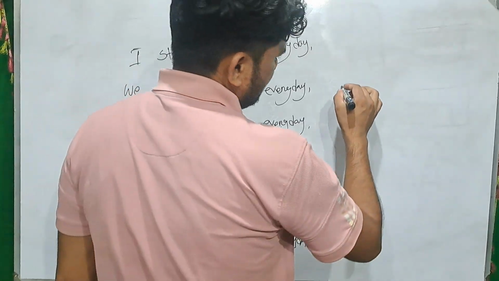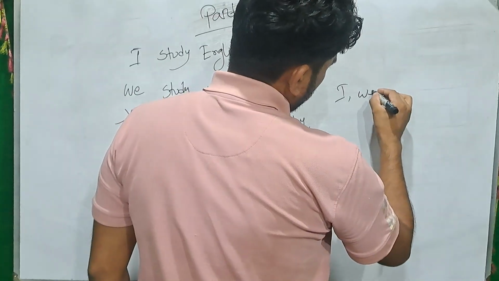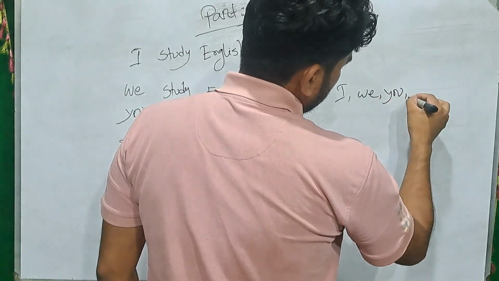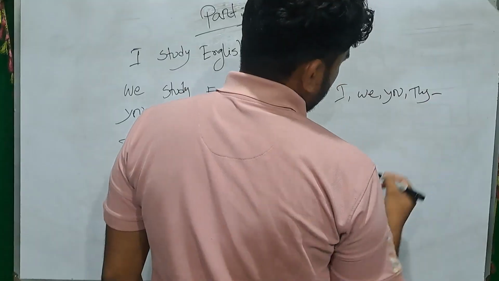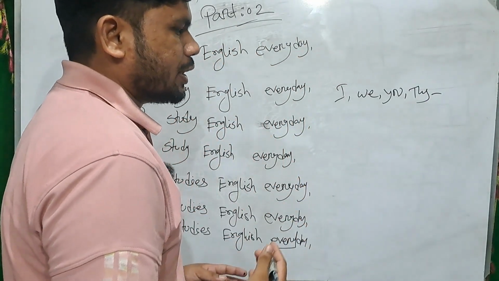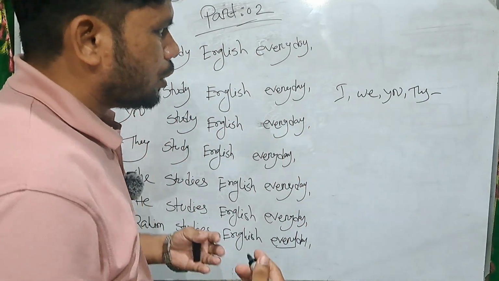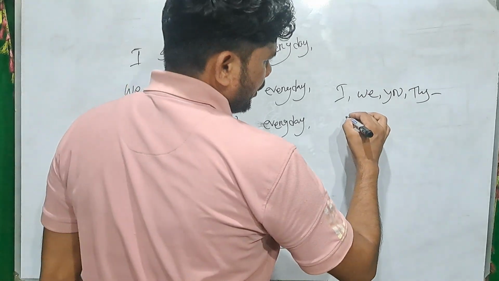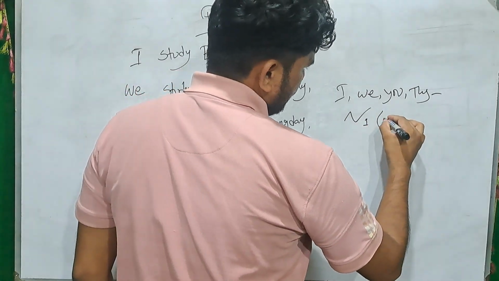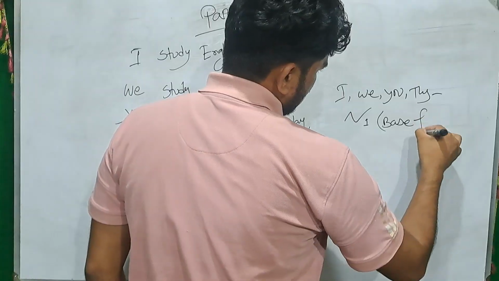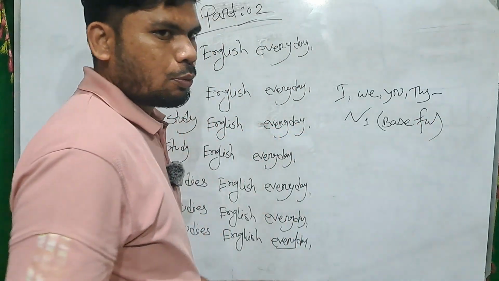That is, we have the subjects I, we, you, and they, and these subjects demand that they always take V1. That means base form of a verb.